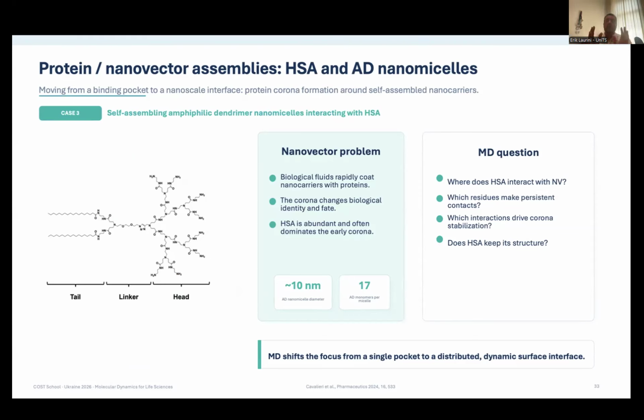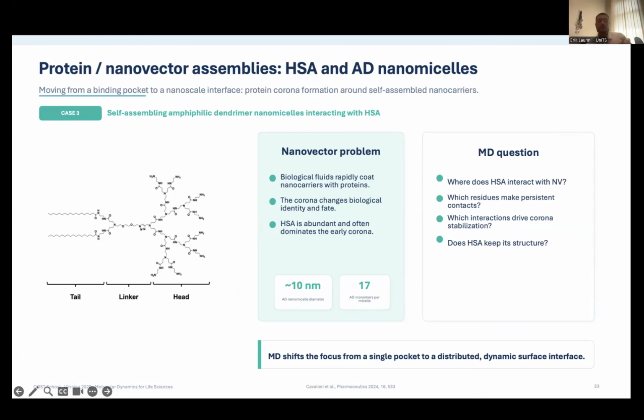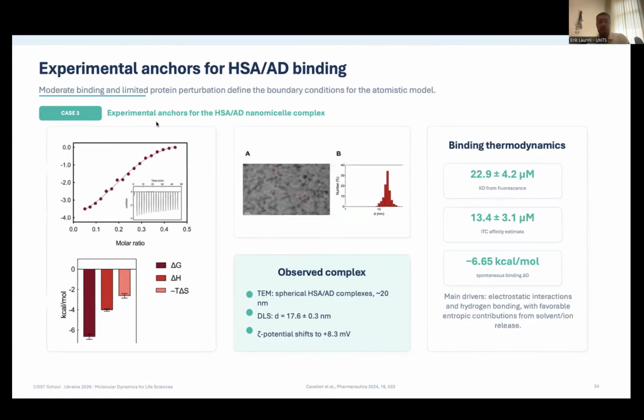What we used in this article is a combination of experimental and computational molecular dynamics approaches in order to obtain a molecular level description of the interaction between the micelle of nanovectors and the HSA.